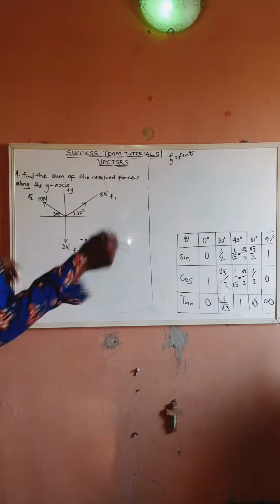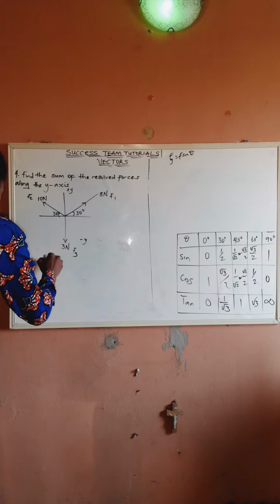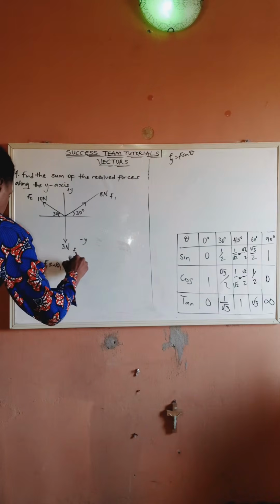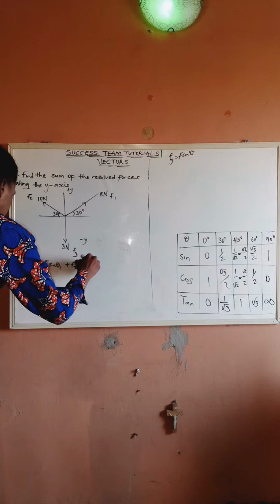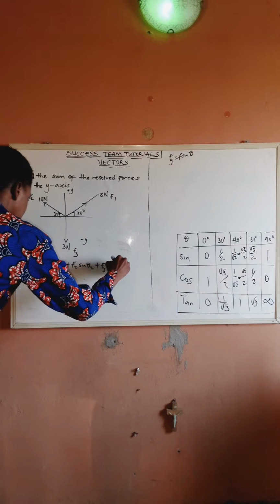So now I'm going to have the summation of Fy equals F1 sin theta 1 plus F2 sin theta 2 plus F3 sin theta 3.